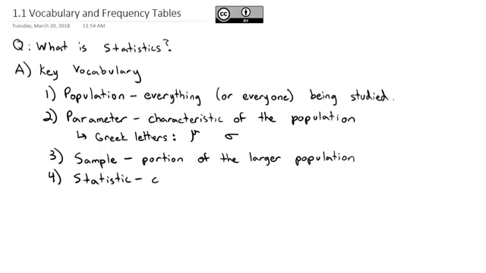A statistic is a characteristic of the sample. So this might be the average GPA of the 200 college students I interviewed. And to differentiate samples and populations, statistics, and parameters, with statistics we will use English letters.